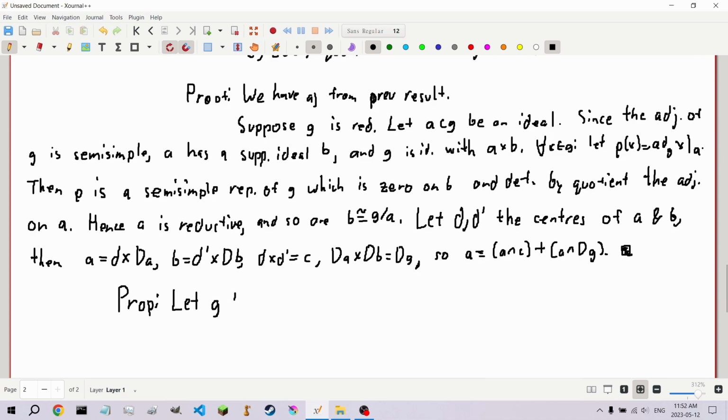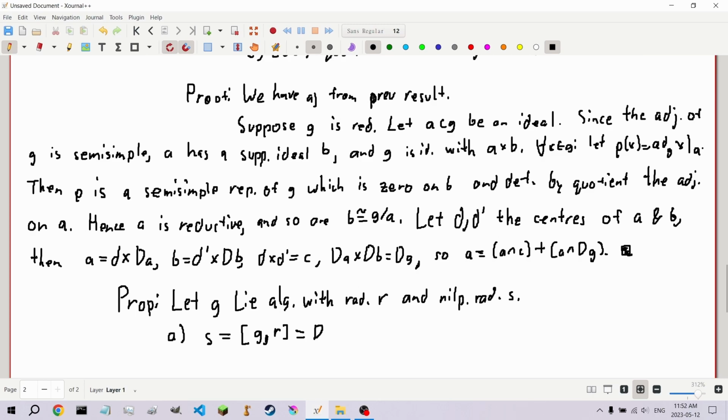G is going to be a Lie algebra with radical R and nilpotent radical S. First part of our proposition is that S is equal to the bracket of G and R, which is equal to the intersection of the derived algebra of G with R.